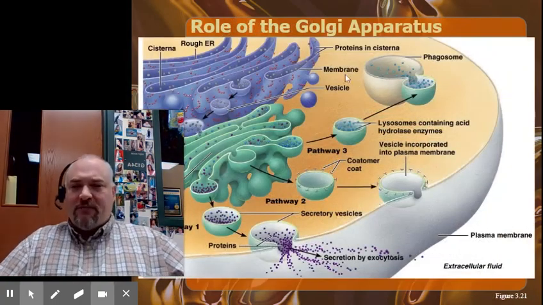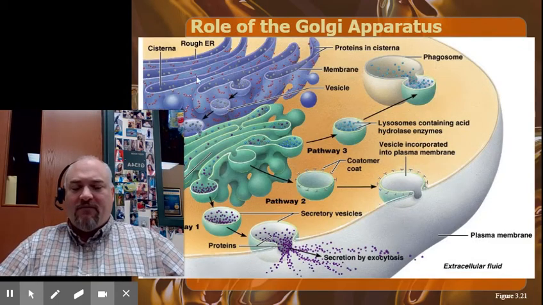Here we can kind of see a little bigger picture. So we got the ER making its stuff, these little vesicles popping off, carrying the material over to the Golgi. Golgi's packaging, putting them together, modifying whatever it needs to do.